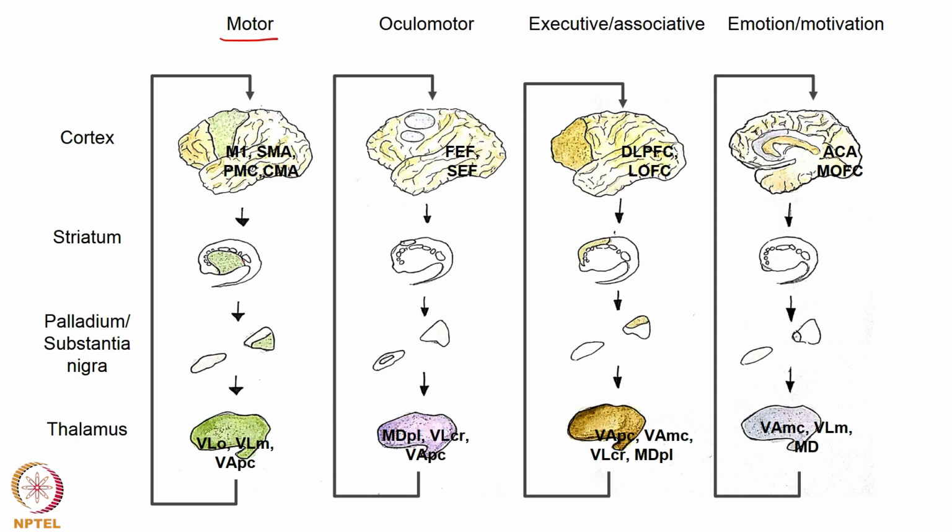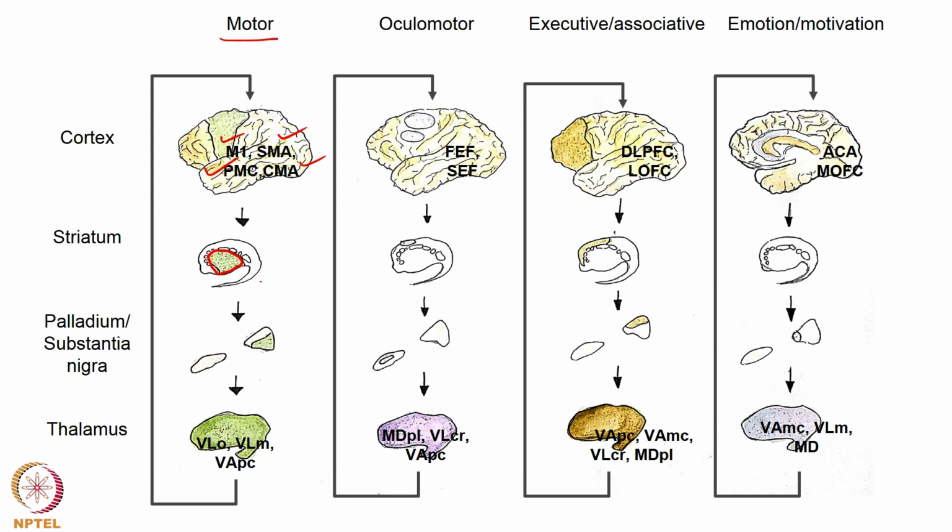inputs to the striatum actually come from motor cortex, supplementary motor area, premotor cortex, cingulate motor areas. From all these areas it comes to putamen, not caudate, it comes to putamen. Please look at the highlighted area, the highlighted area is not caudate, it is coming to putamen.